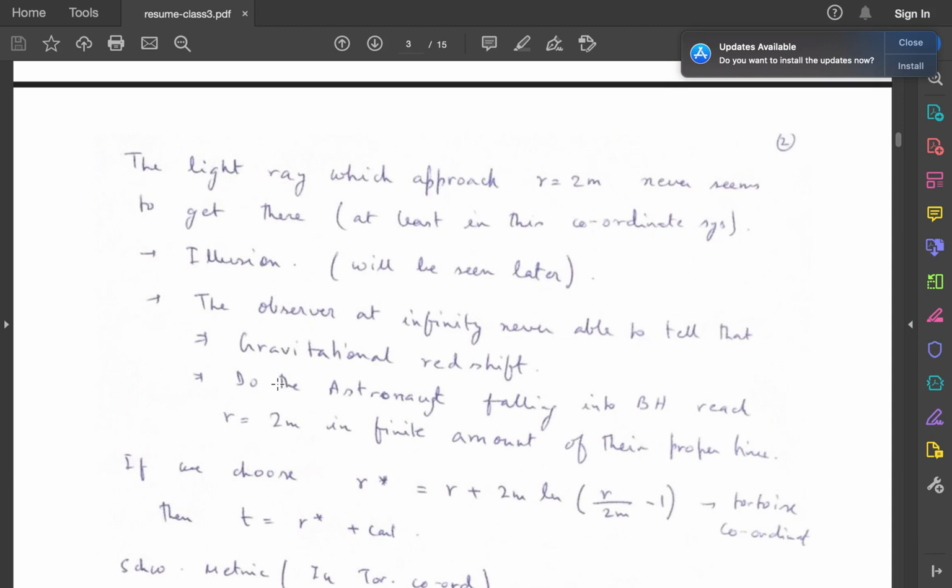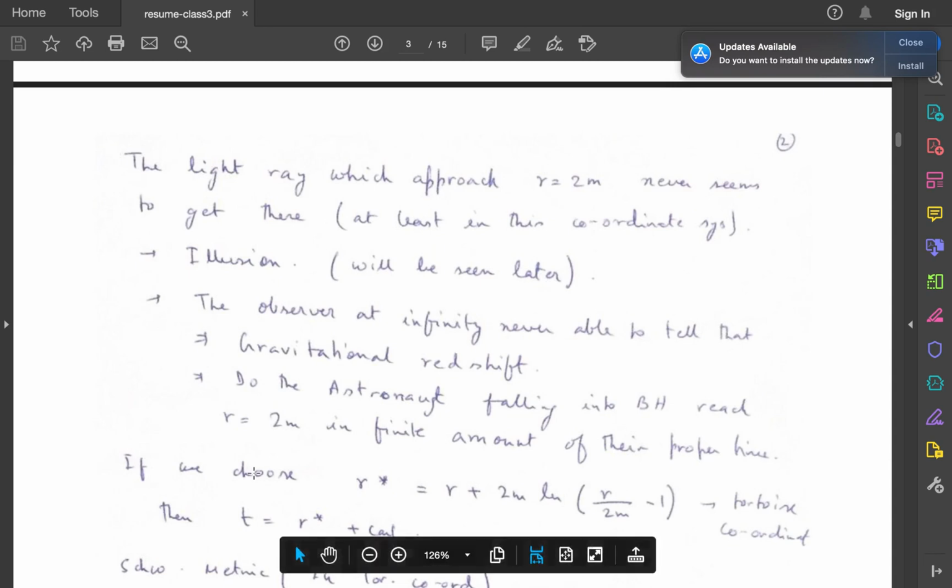However, the appropriate question is, does the astronaut falling into the black hole really reach r equal to 2m in a finite amount of their proper time? This is the main important thing, whether they reach or not. We can be pretty sure that they reach r equal to 2m in finite proper time.